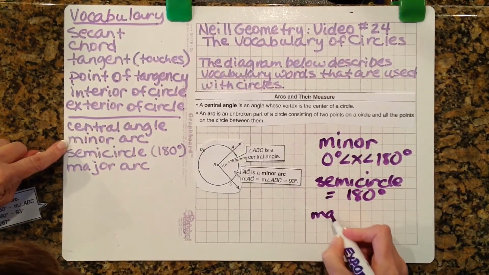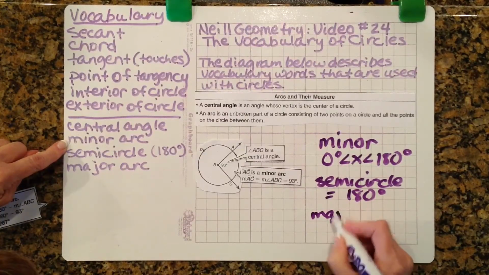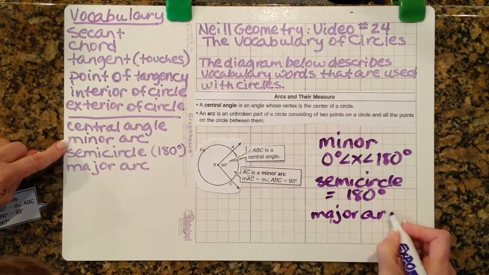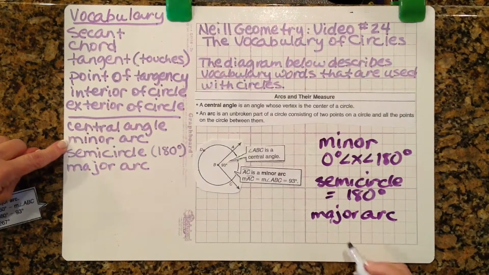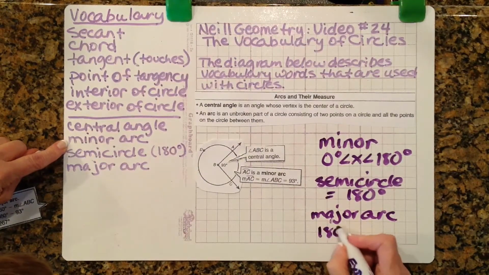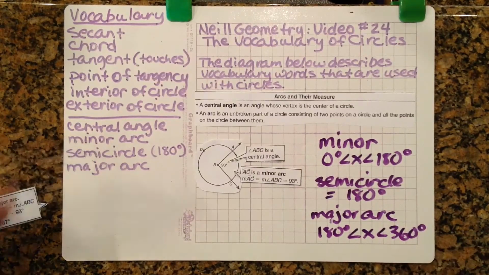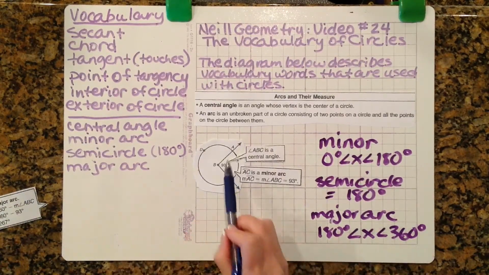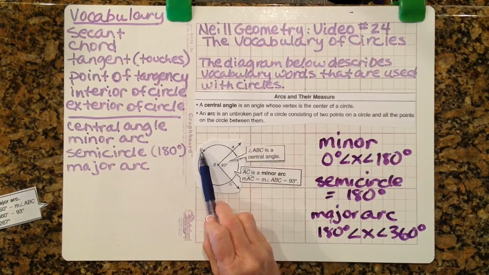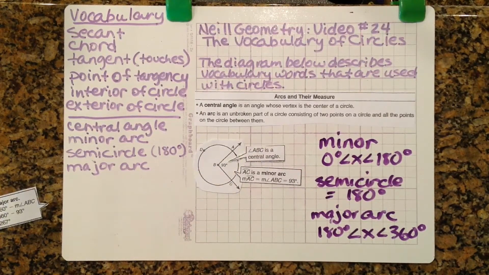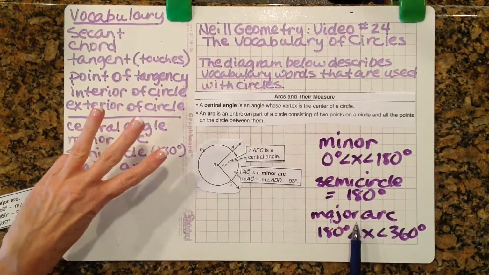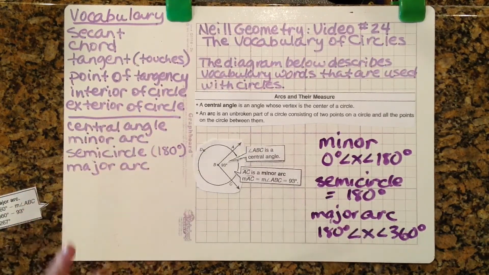Okay, and then a major arc. Okay, it's going to be a lot bigger, and it is between 180 and 360. So a major arc is going to be greater than 180 and less than 360. So let's look at the arc on the other side here, ADC. A lot of times a major arc is written with 3 letters. And if I see 3 letters, a lot of times it will be a major arc.